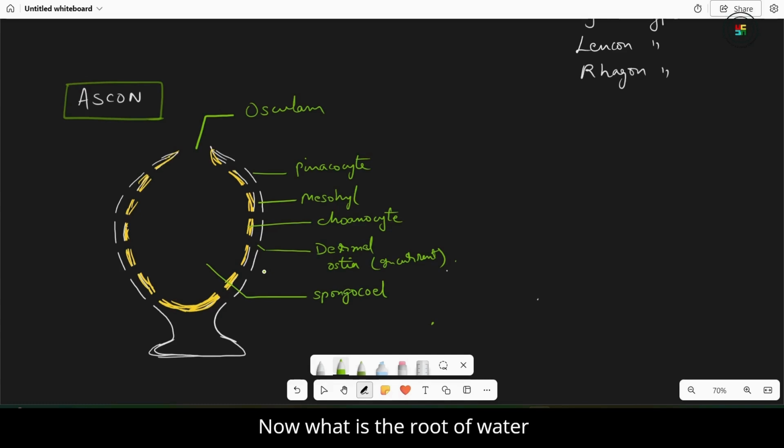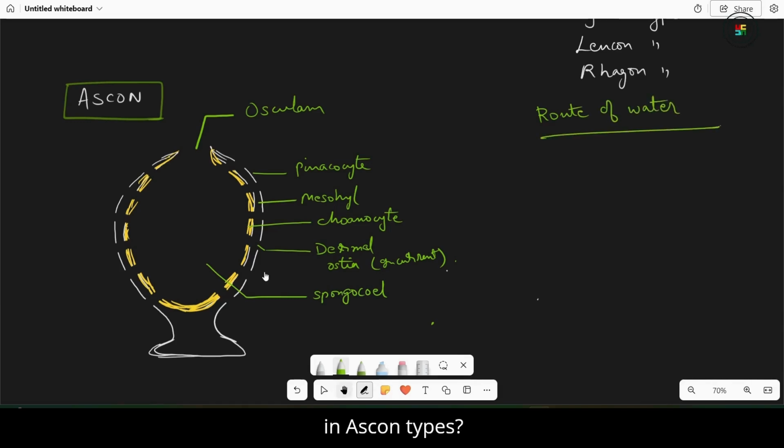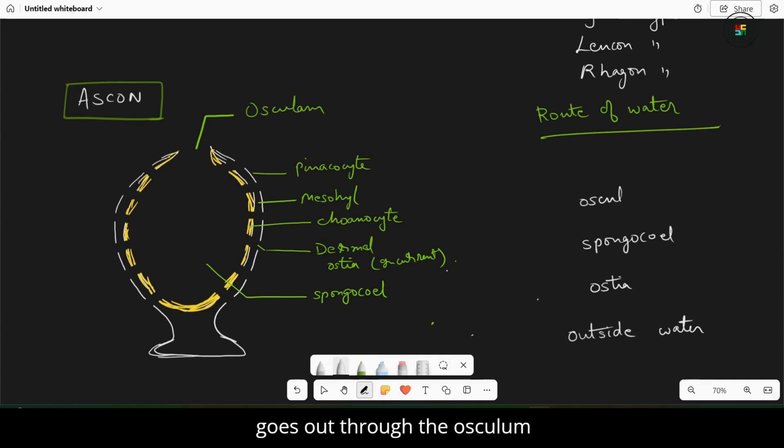Now, what is the route of water in Ascon types? So outside water enters through ostia, enters into the spongocoel, goes out through the osculum and mixes with the outside water.